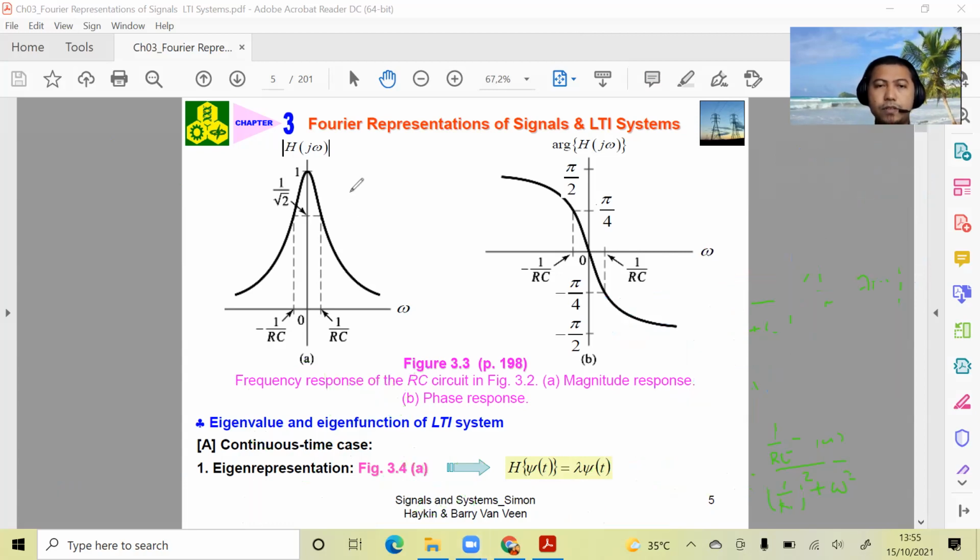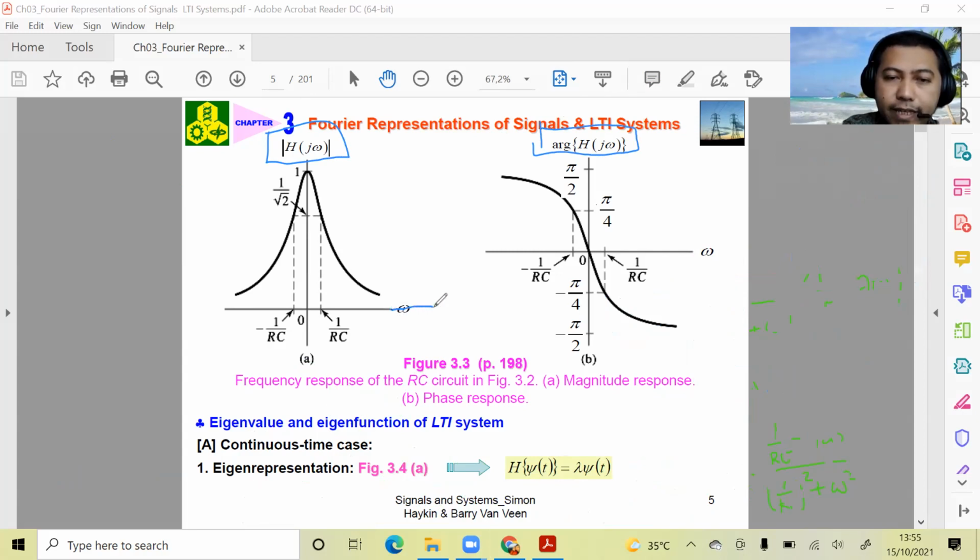You can see here, this is the magnitude component, and this is the phase component. And you can see here the profile of a signal in the frequency domain.